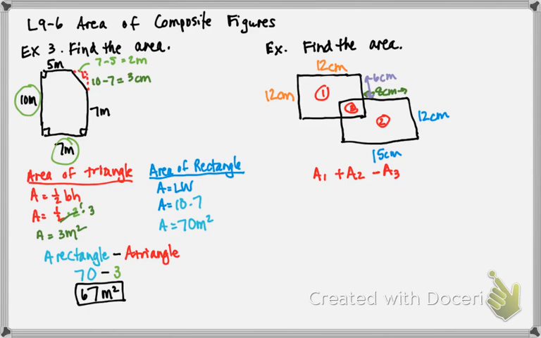Okay? So let's start with area 1. And again, length times width. So we have 12 times 12, which equals 144 squared centimeters.